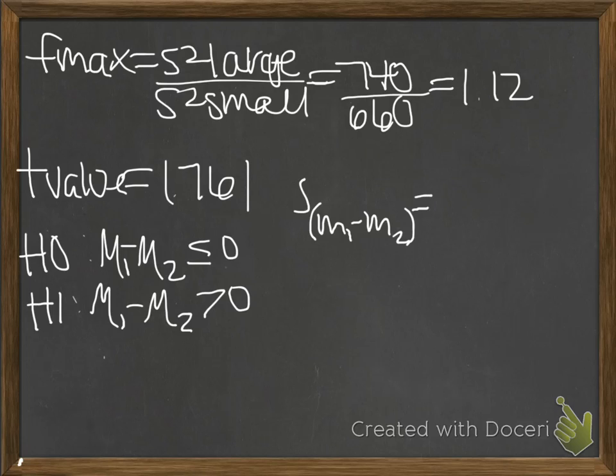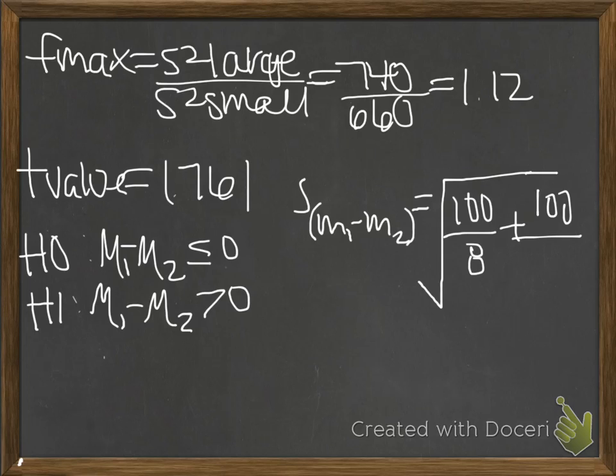We take the square root of our pooled variance, which is 100, divided by our n1, which is 8, plus again 100, our pooled variance that we just figured out, divided by 8 again, because 8 is also the same number of people measured in type B. So then we do our square root again.